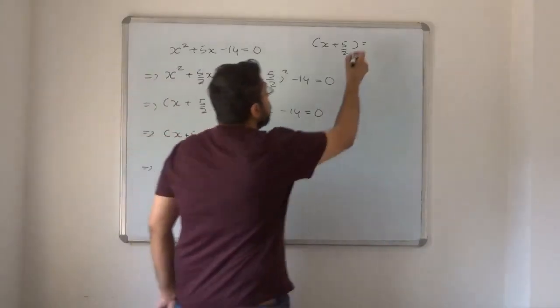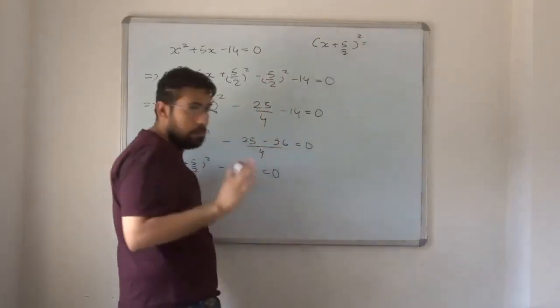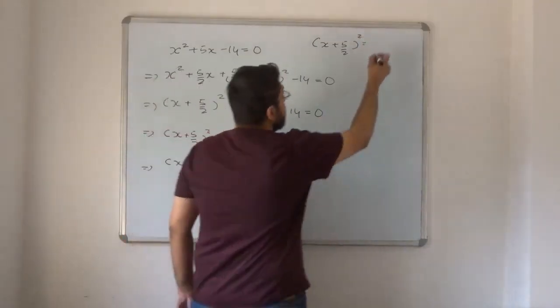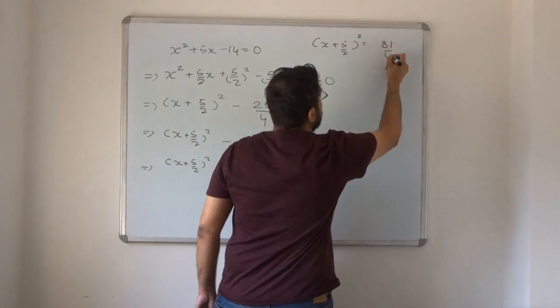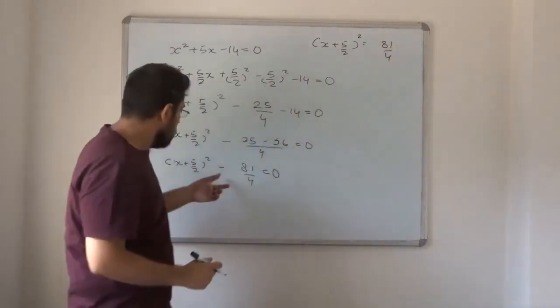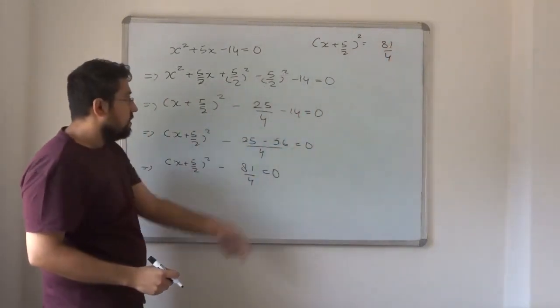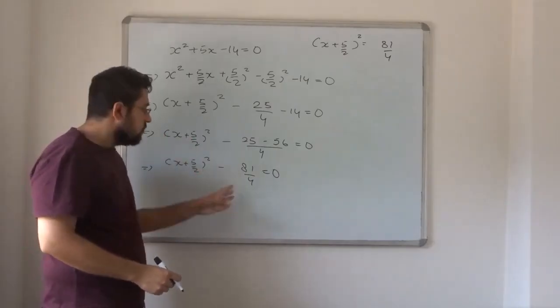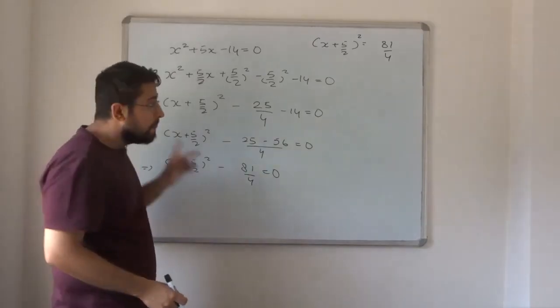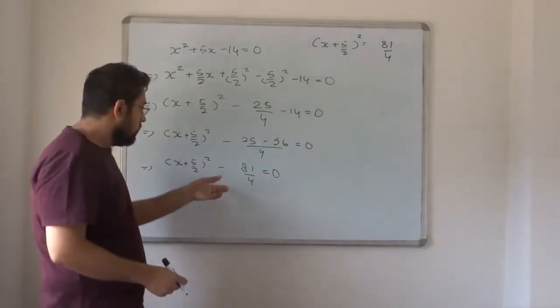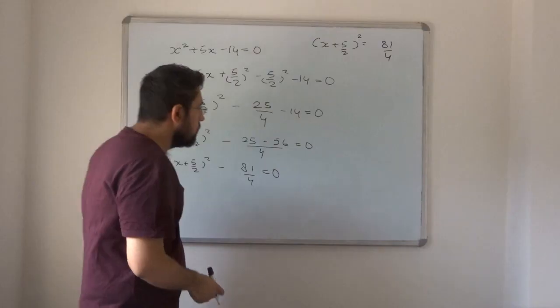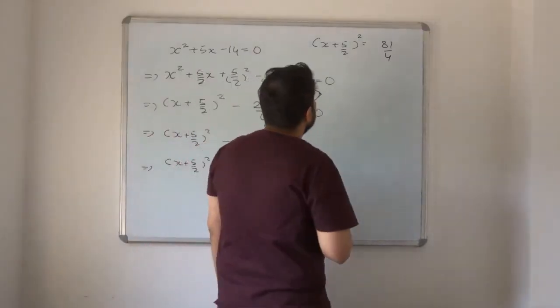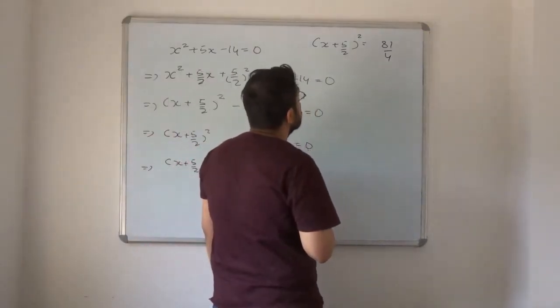Before we cancel out the square, let's just take this to the other side. Because it's negative on the left hand side, on the right hand side you substitute the value and you inverse the sign. So basically, it's going to be positive.